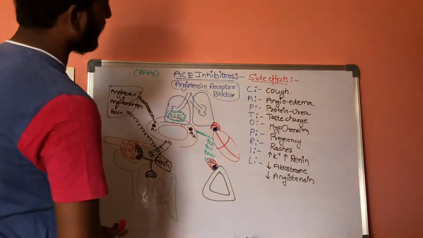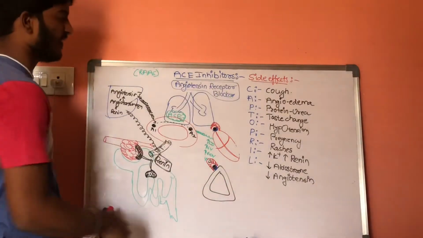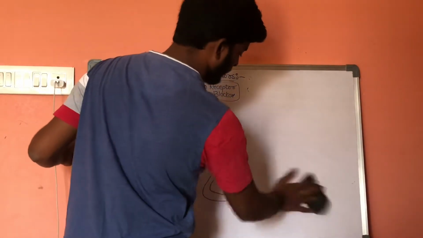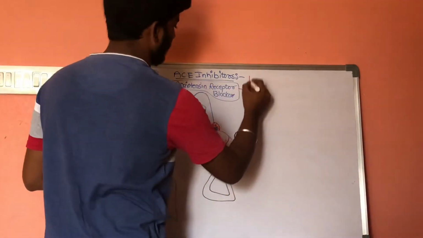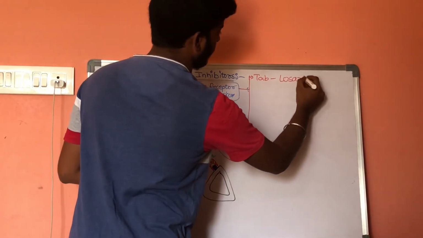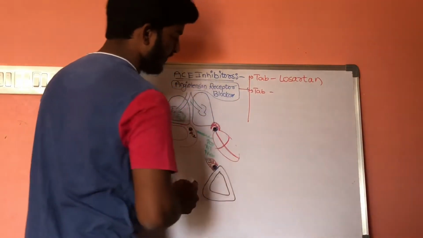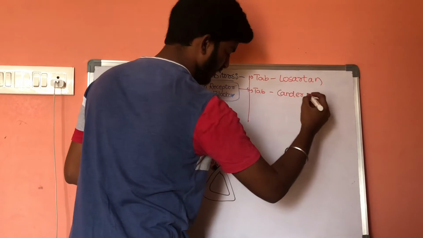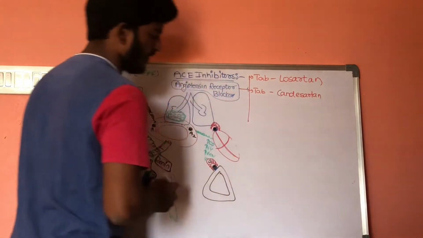Now, what are the drugs which come under angiotensin receptor blockers? Tablet losartan and tablet candesartan.